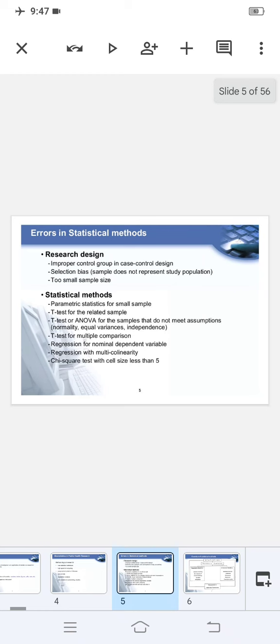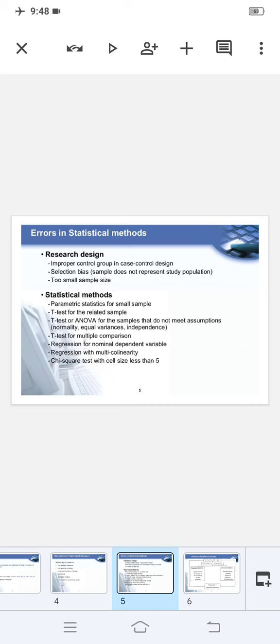Now, what are the various types of errors that occur in statistical methods? Errors occur in the research design. When we plan the research, the parameters and tests we have to perform, there are chances of causing errors in the design itself. What happens if there is an improper control group in a case control design?